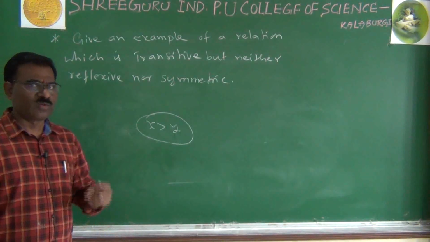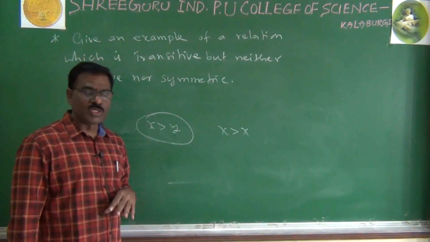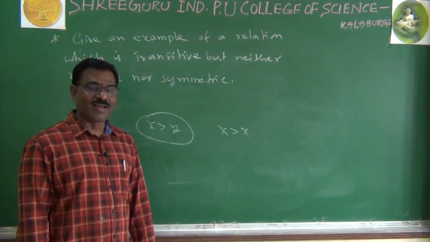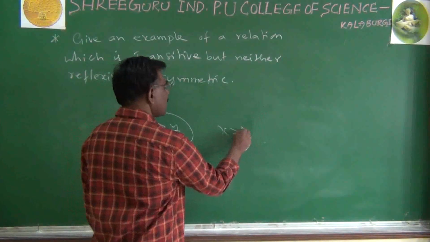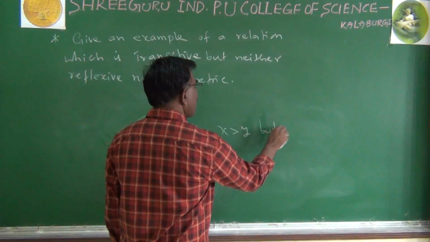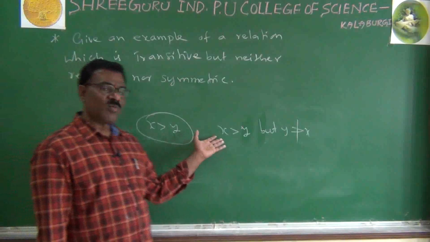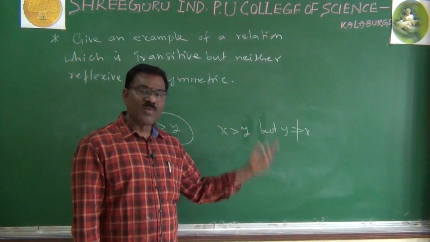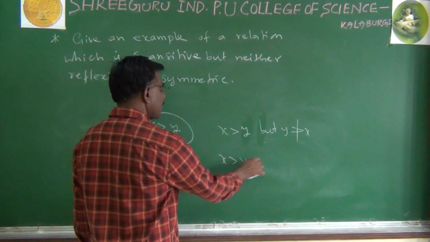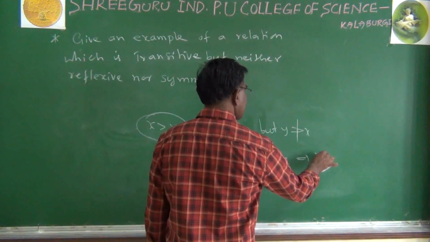Even if you want to write one sentence: x greater than x is not true, so (x, x) does not belong to R. And x greater than y, but y is not greater than x. So (x, y) belongs to R, but (y, x) does not belong to R. Okay, so x greater than y and y greater than z implies x greater than z.